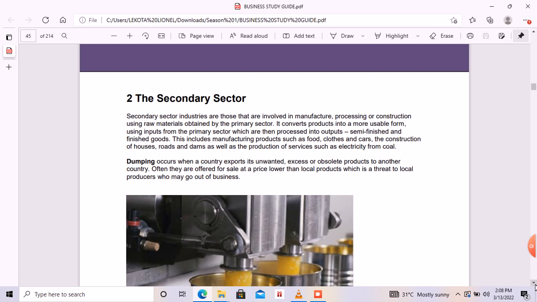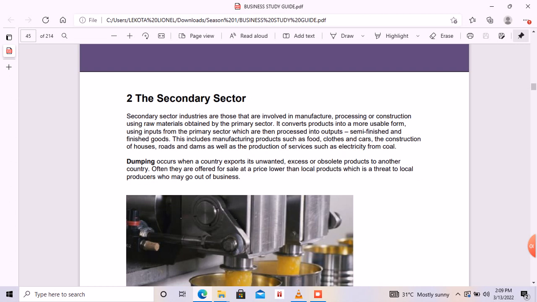It converts products into a more usable form using inputs from the primary sector, which are then processed into outputs, which are semi-finished or finished goods. The goods are produced using the raw materials extracted or cultivated from the primary sector. So there is no secondary sector without the primary sector.